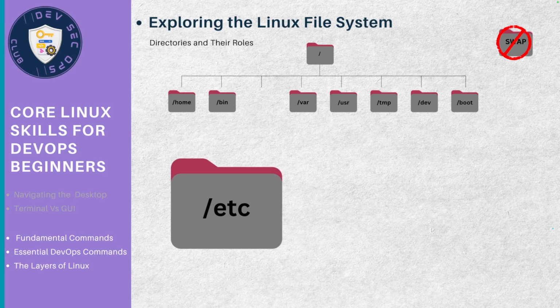Okay. Then we have slash etc. So etc is a very special directory in terms of configuration. Whatever configuration you are doing, for example, let's say you install an Apache server or Nginx server, by default all their configuration files will be stored in this place, slash etc. At the moment on our system, we didn't install any web server, so all the system wide configuration files you will find in this slash etc directory.